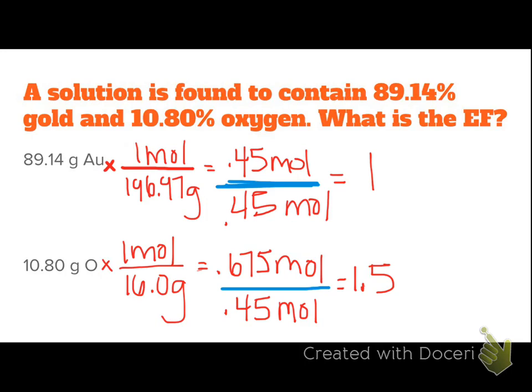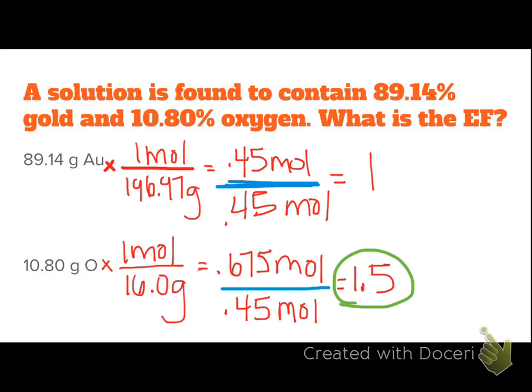Now step 3 says that my whole numbers are going to become my subscripts. But we have a problem. This isn't a whole number. So what do I have to do if it's not a whole number? I'm going to have to multiply to make it a whole number. How do I make 1.5 into a whole number? If I multiply it by 1, I get 1.5.